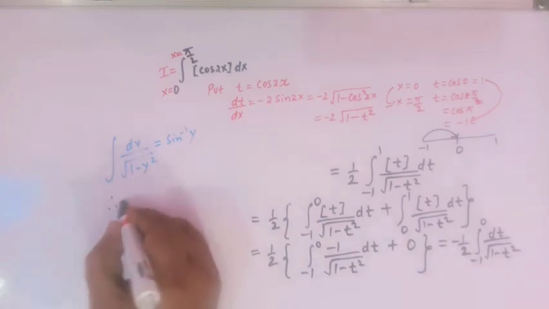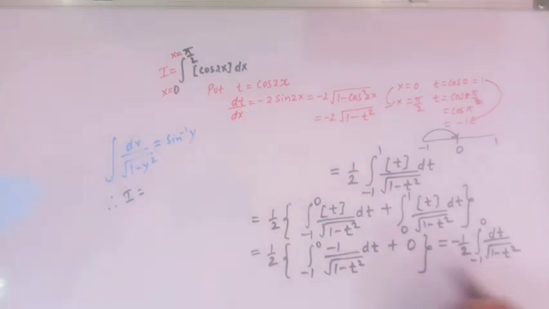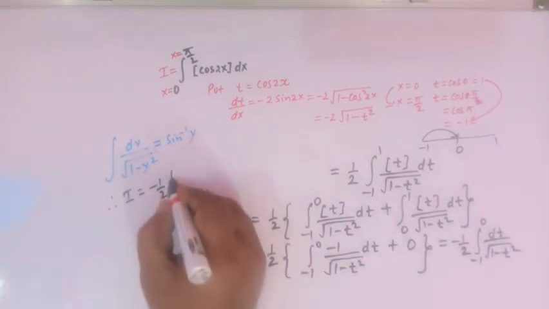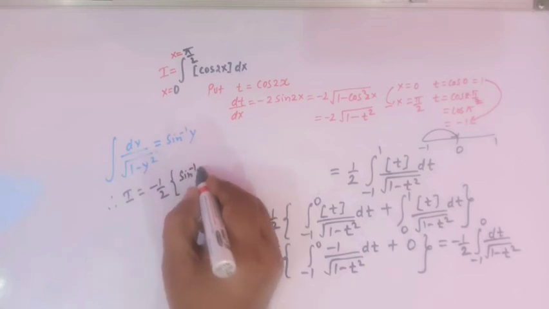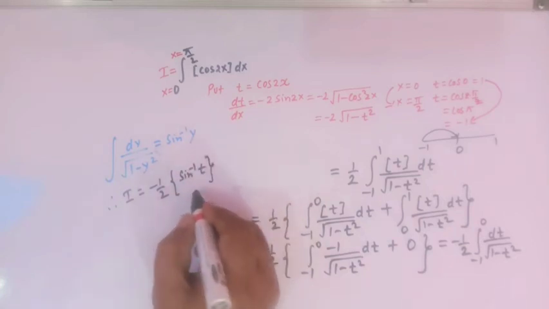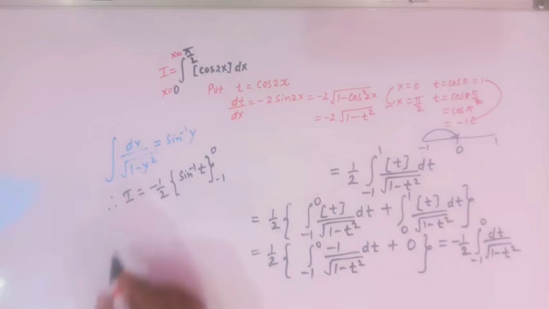So we have I equal to minus half, and the integral of 1 over square root of 1 minus t square is sine inverse t, with limits from minus 1 to 0.